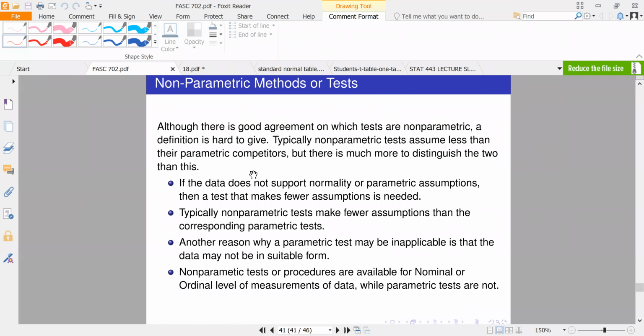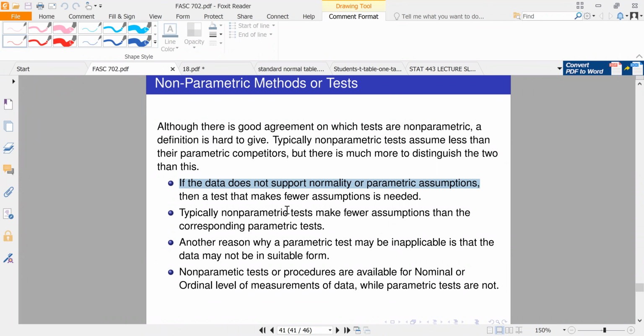One, the circumstance under which we can use non-parametric tests is if the data does not support assumptions of normality or parametric assumptions. Remember, in the preceding section, it can be confirmed that any population statistic has an asymptotic distribution with its parameters. In this case, if your data does not meet those, you can use non-parametric tests.